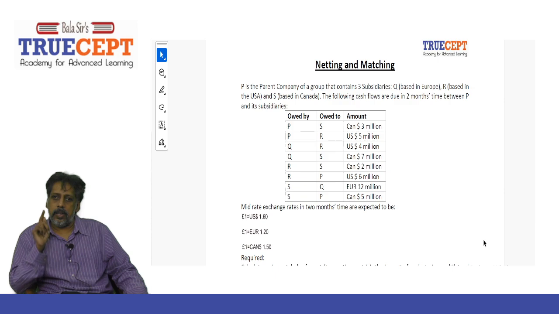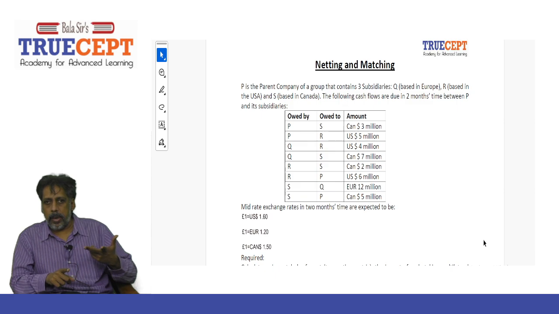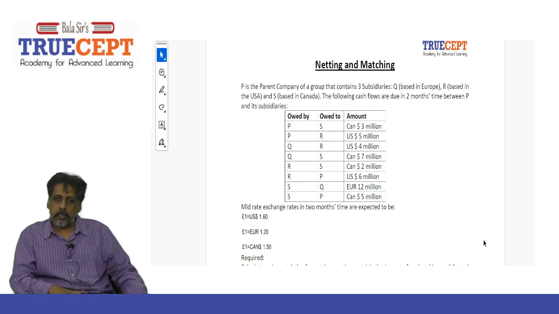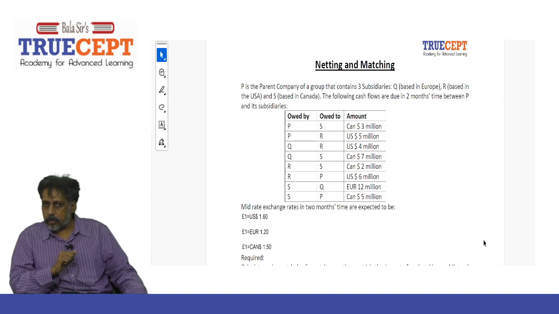Then owed by R to S, 2 million Canadian dollars. R, payable, S, receivable. Then R to P, it's US dollar 6 million. R owes P, the parent entity. It is R, payable, and P, receivable, 6 million US dollars.